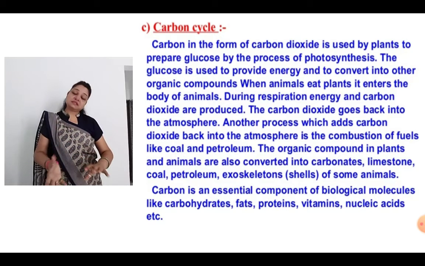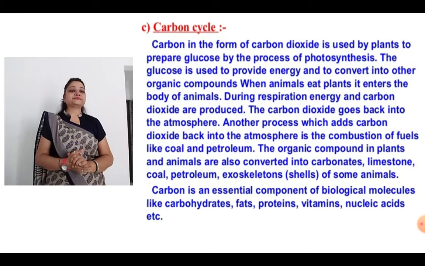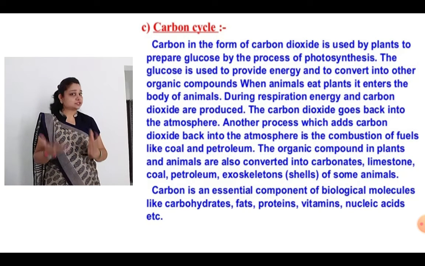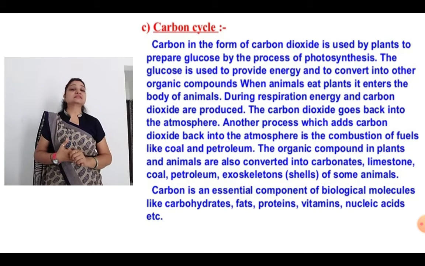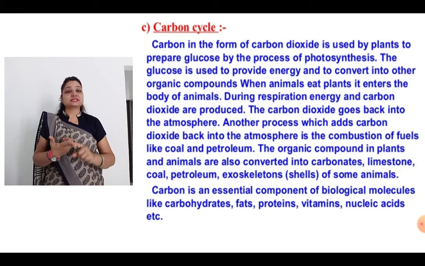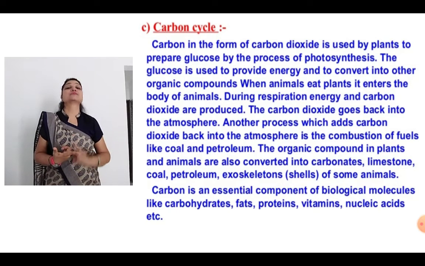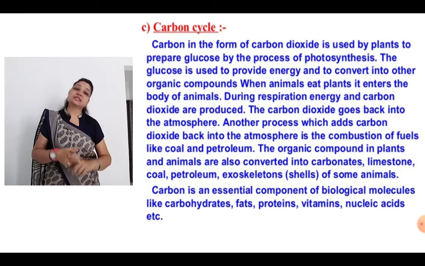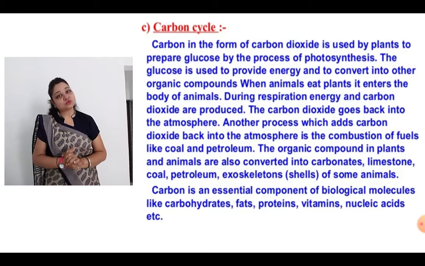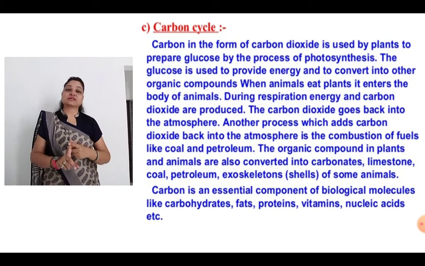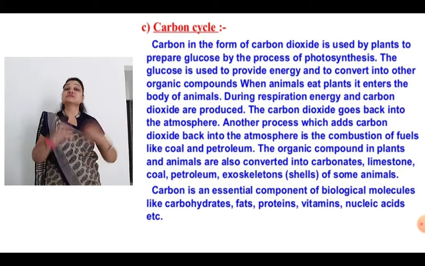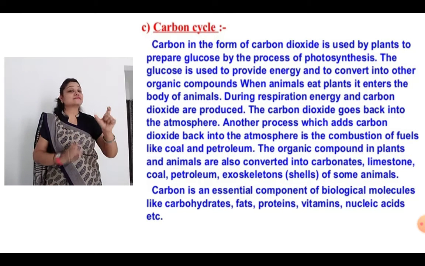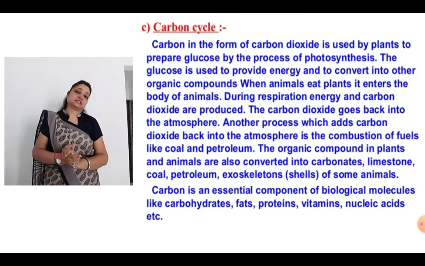In these also the carbon is there. Carbon is an essential component, you know that, and it is there in carbohydrates, fats, proteins. If you know the composition of these, carbon is there in all these molecules, right? Whether it is carbohydrates, fats, proteins, vitamins, nucleic acids, they all have carbon in it, right?